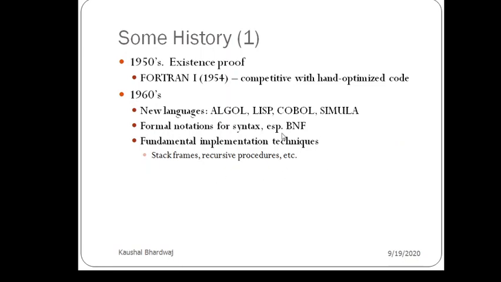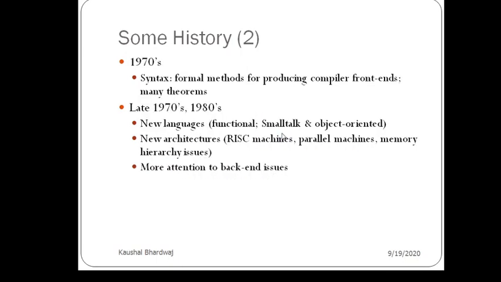The formal notation of the syntax was BNF, Backus-Naur form. Fundamental implementation techniques were stack frames, recursive procedures, and such things. In the 1970s, formal methods for producing compiler front ends came out. Many theorems came out and were being made automatic.